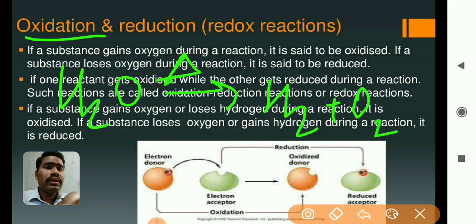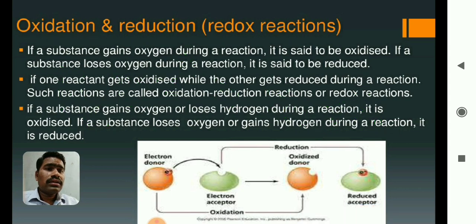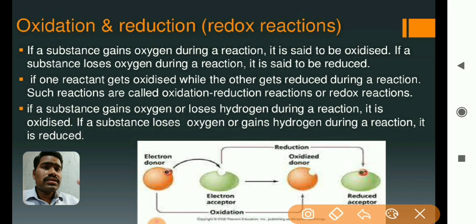Here oxygen is lost, so this is reduction. Loss of oxygen is nothing but a reduction reaction. So this is how oxidation can be defined: the process in which oxygen is gained is called an oxidation reaction.